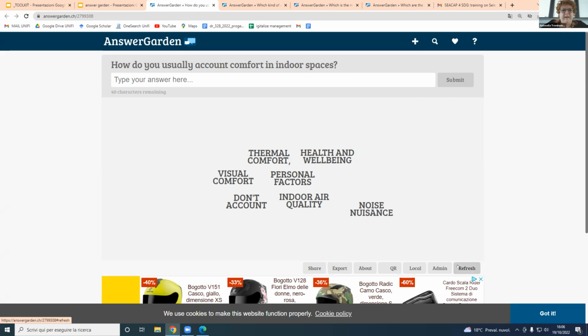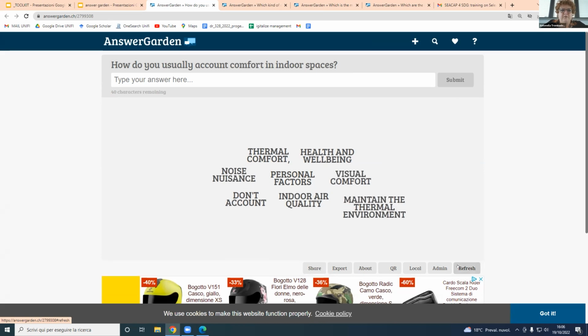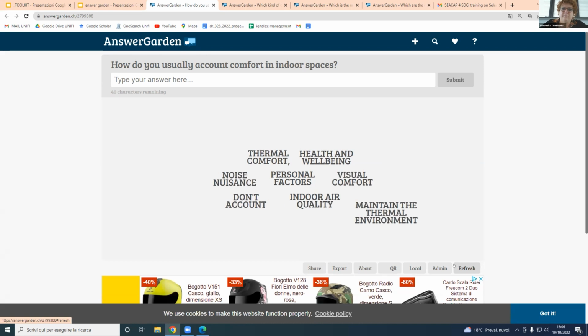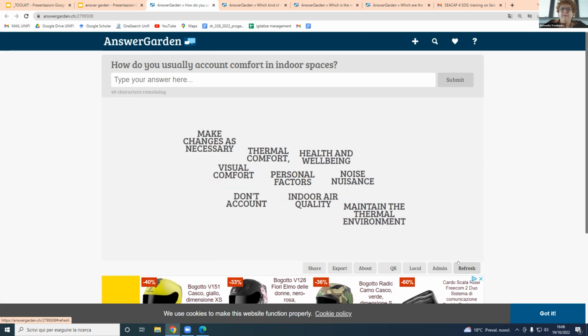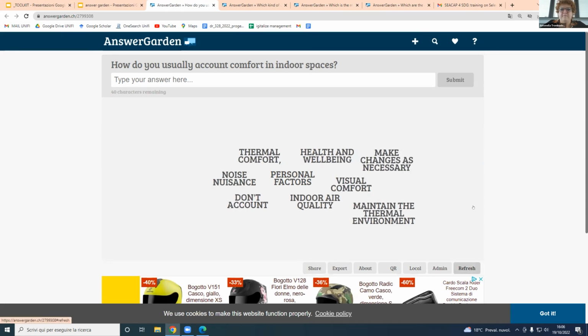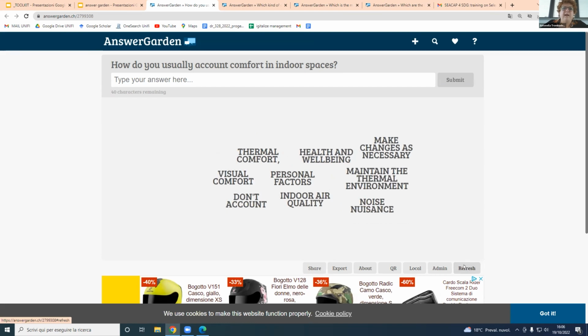Describing if the level is good, is enough, or it is dangerous, it is not comfortable. Do you use any tool for this, any instrument? Or maybe you don't account.